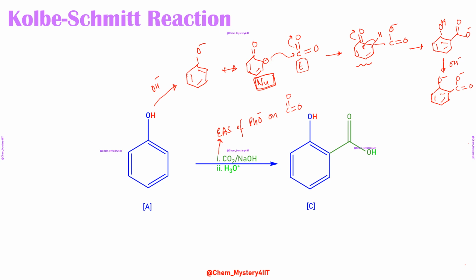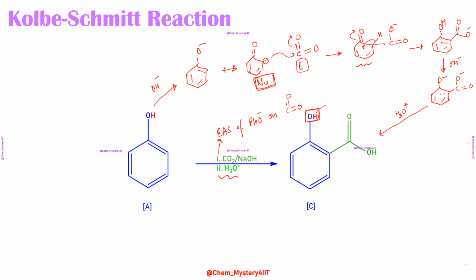Now when we do acidification, that H3O plus which is coming over there, that acidification can be giving us the carboxylic acid. And although I had represented over here that this OH is coming from the HI, the very first step it was there, but after this step, after the Kolbe-Schmitt reaction, this H is most likely replaced by the H plus coming from H3O plus from the acidic medium.